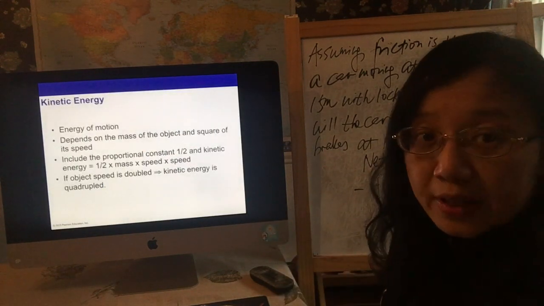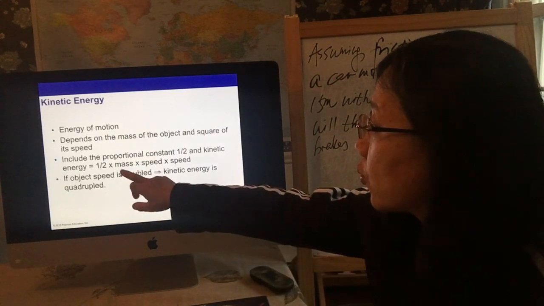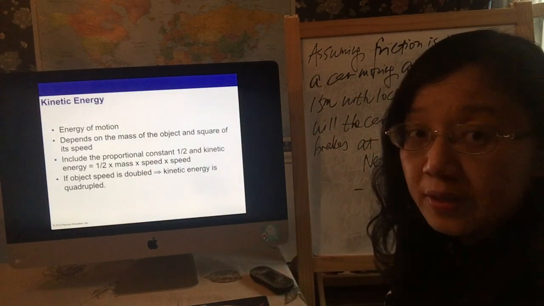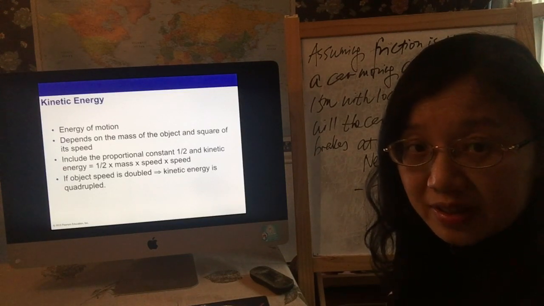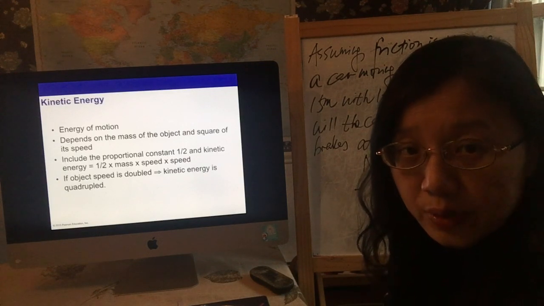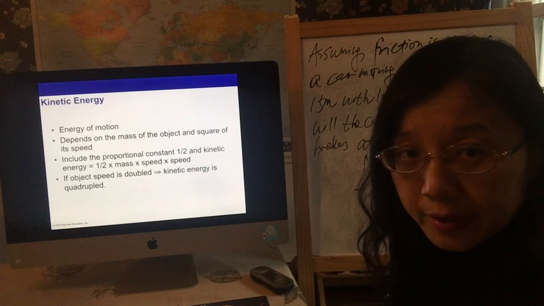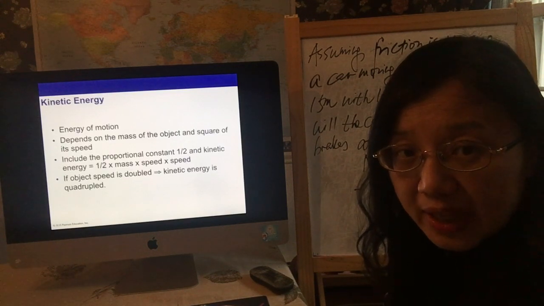The second type of energy we talked about was kinetic energy. The kinetic energy is defined as 1/2 mass times v squared. Okay, both kinetic energy and potential energy are scalars. They have units of joules, which is very similar to work, but work is not energy. Work and energy are related.